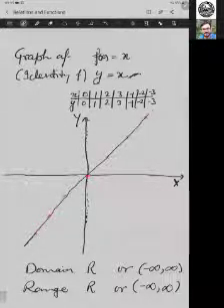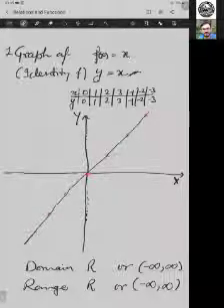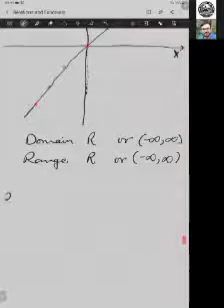So this much we must know about this graph. Whenever we make any graph, we must be able to say what its domain is and what its range is. These two things are really very important about the graph. So this was the first graph. Now, the second graph we will be making is for a constant function.